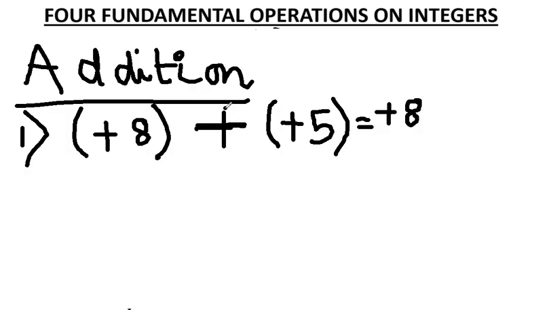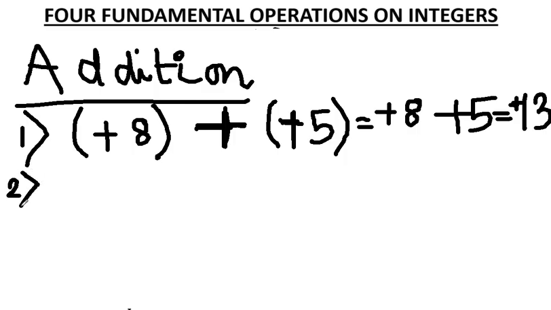The operation is addition. It will not change the sign inside the parentheses. So plus 5 remains as plus 5. And the answer is 13. Or it can be said positive 13.